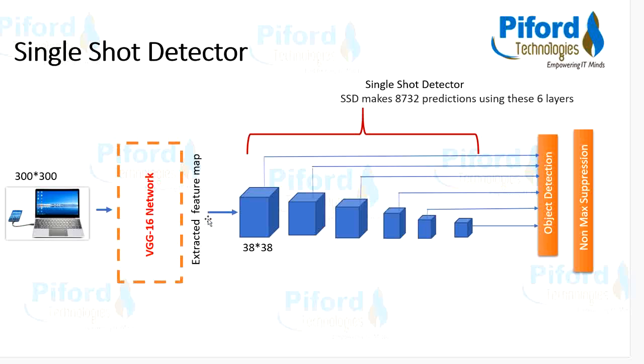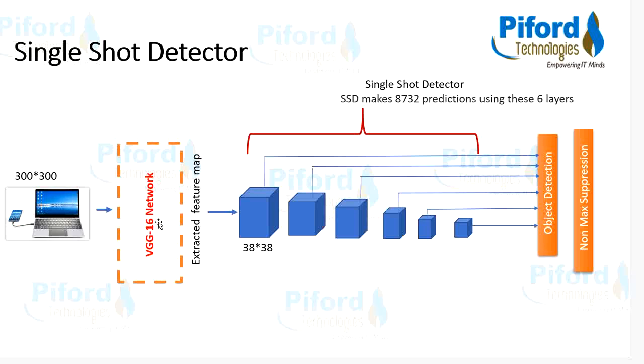If you have gone through my faster RCNN video, there also we were using the VGG16 network to extract the feature map. In the same way we are extracting the feature map here in single shot detector using VGG16. SSD makes many predictions for every single class.